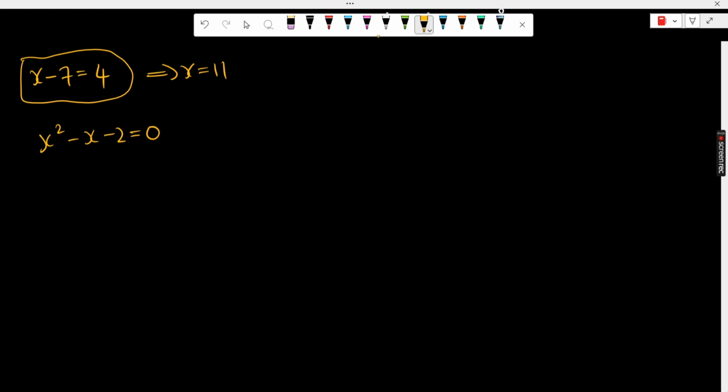So equations may be true depending on the particular value of the variable. If we factorize, this gives x minus 2 times x plus 1 equal to 0, which would mean that x is equal to 2 or x is equal to negative 1. So these are equations, and they can be true depending on the particular value of the variable.